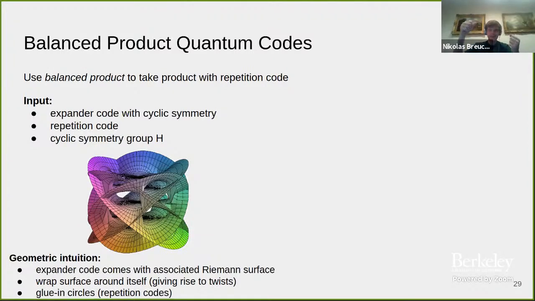And you can take the surface and wrap it around itself, a little bit like how you would store socks in a drawer. And then we glue in these circles, which are the repetition codes. So this is the geometric picture.